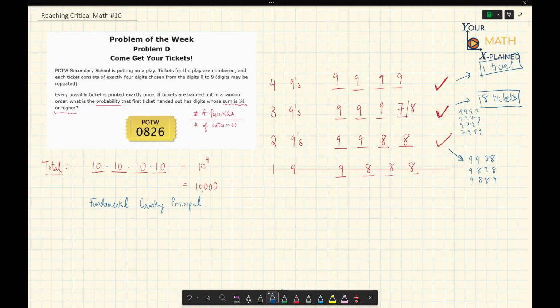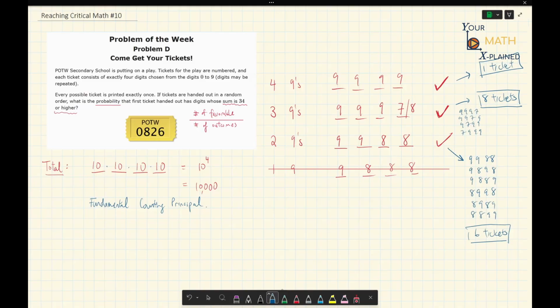So now I would try 8998, 8989, and then 8899. And already we've come up with all the possibilities. There's 6 tickets here. But if we were wanting more complicated calculations, we wouldn't want to count it this way because it takes too long.